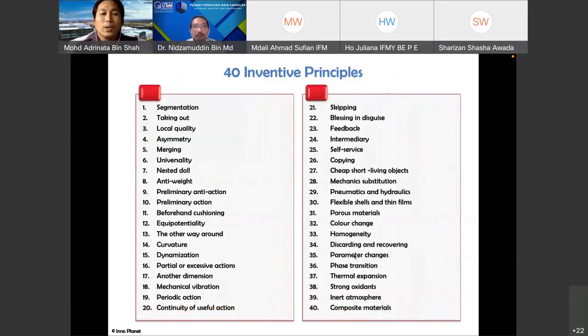We have segmentation, taking out, local quality. I know you are asking, what do you mean by segmentation? What do you mean by taking out? What do you mean by local quality, and so forth, until composite materials. The explanation is we need to know it one by one. After that, let's say we have examples.